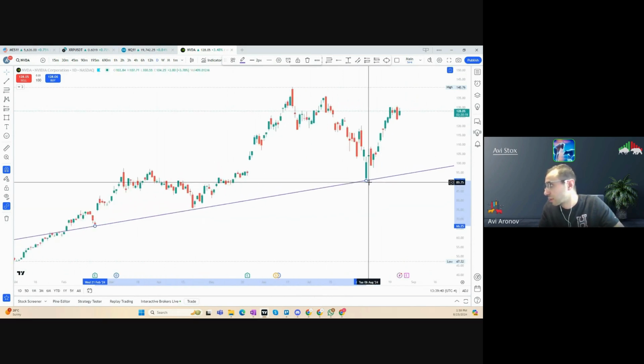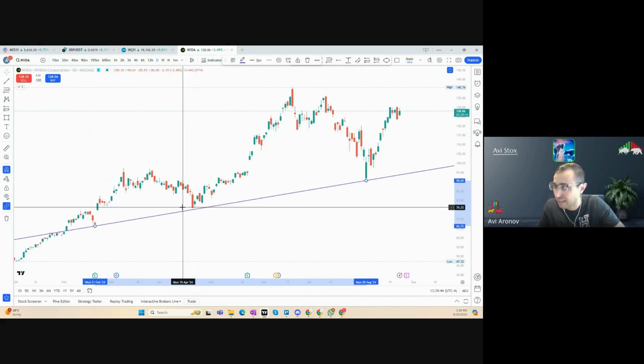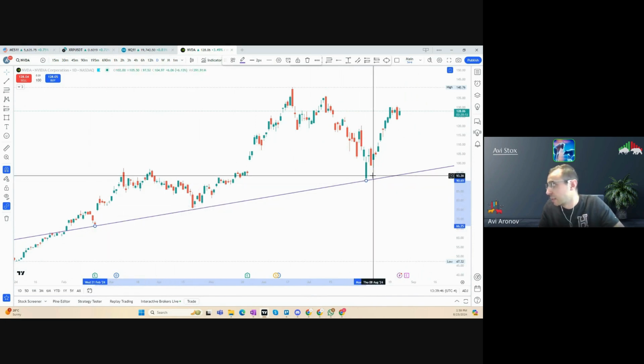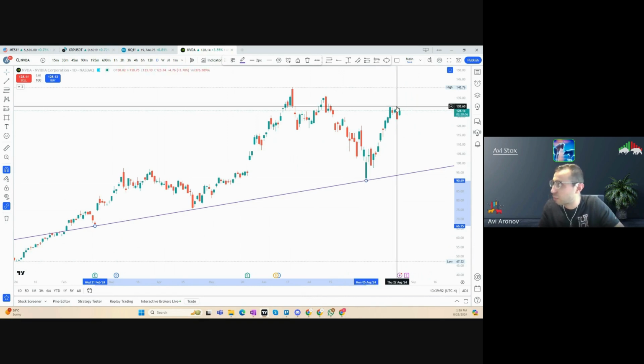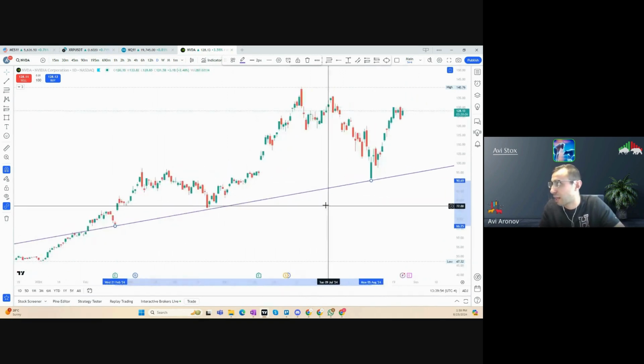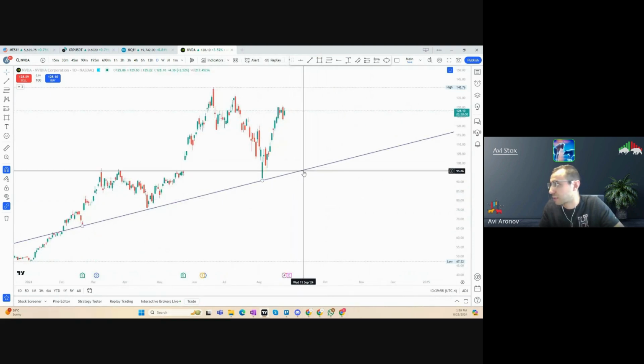When it touched here, it almost touched at this low, lower high, and then created a new lower high on such trend line with the low of the wick and went much higher.